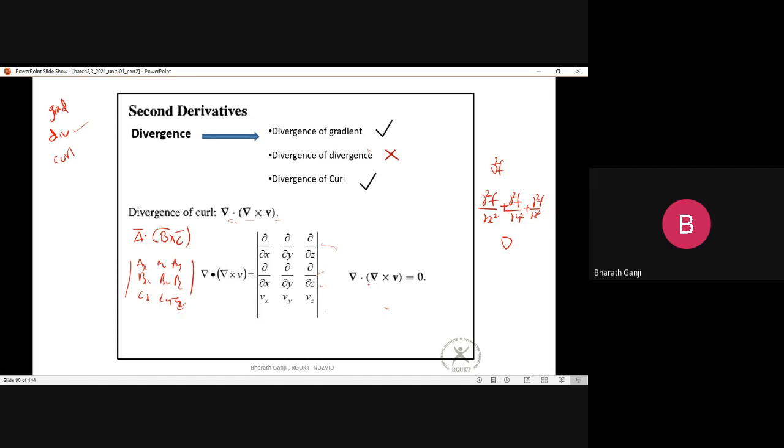Okay, so divergence of a curl will always be equal to 0, and this statement actually helps us in magnetostatics.